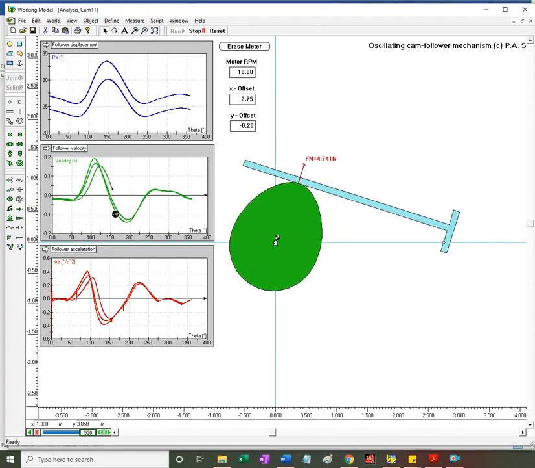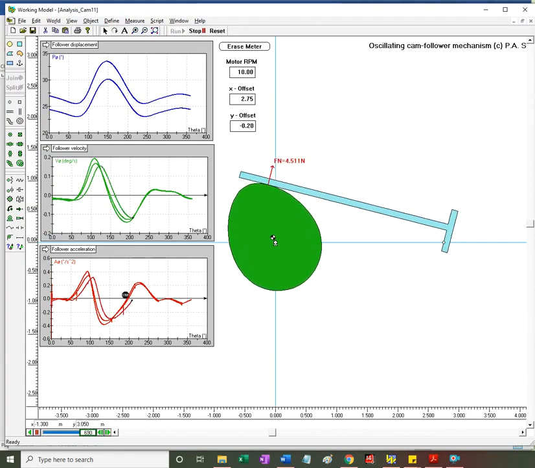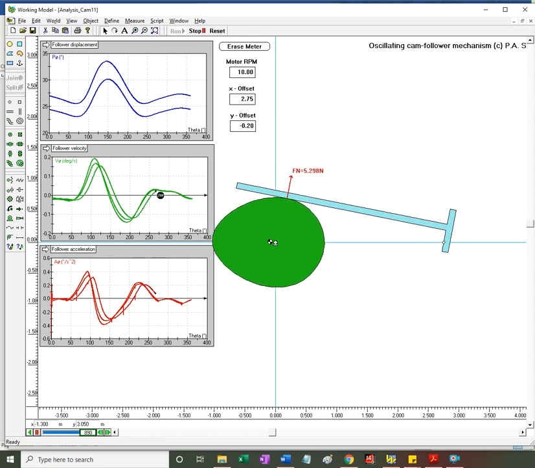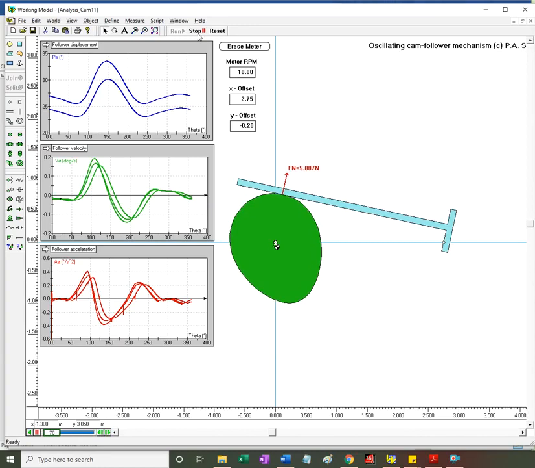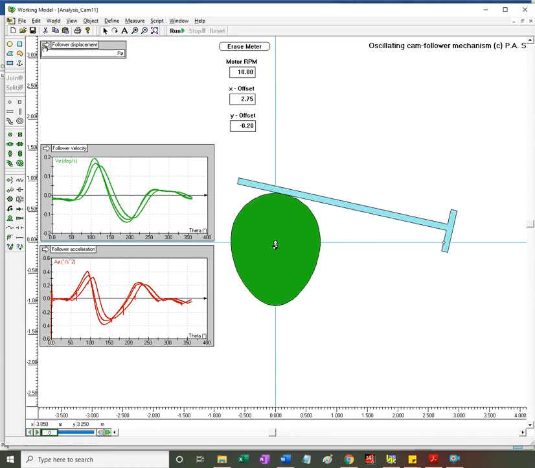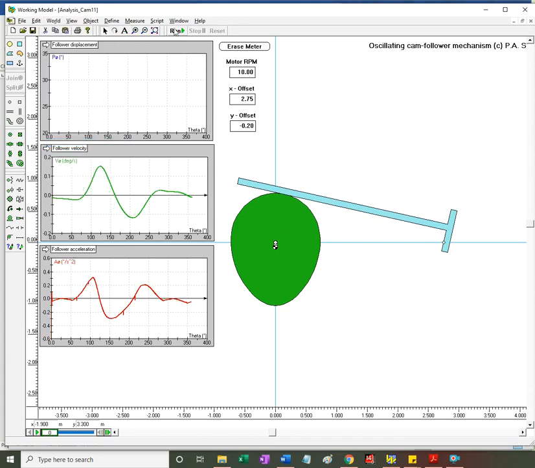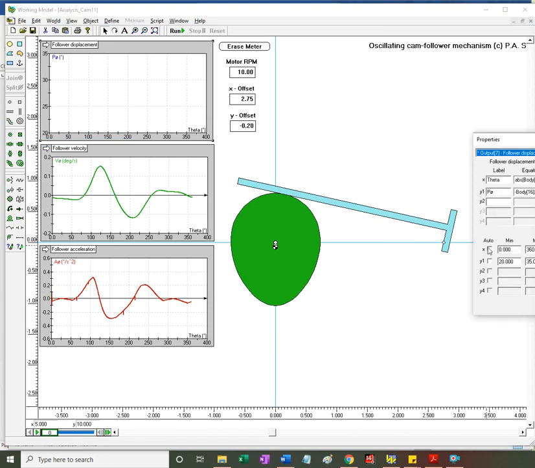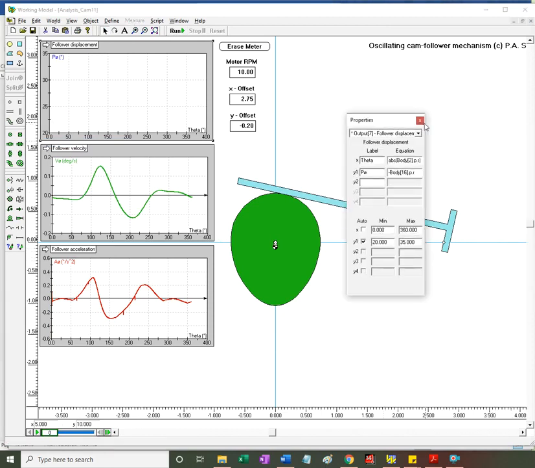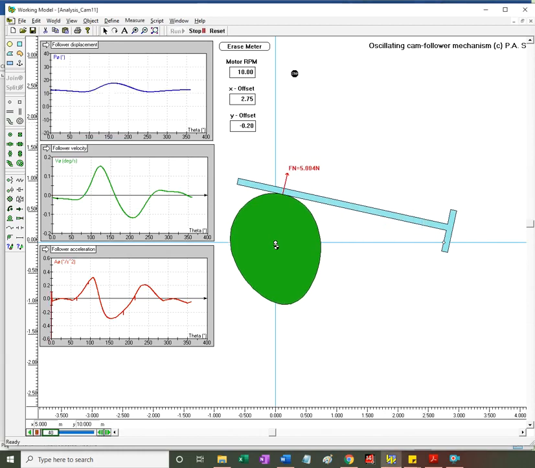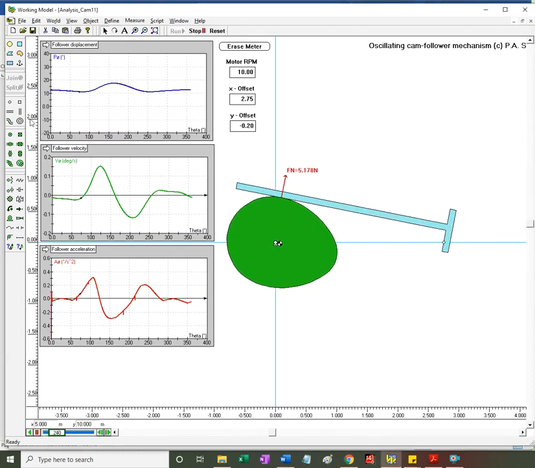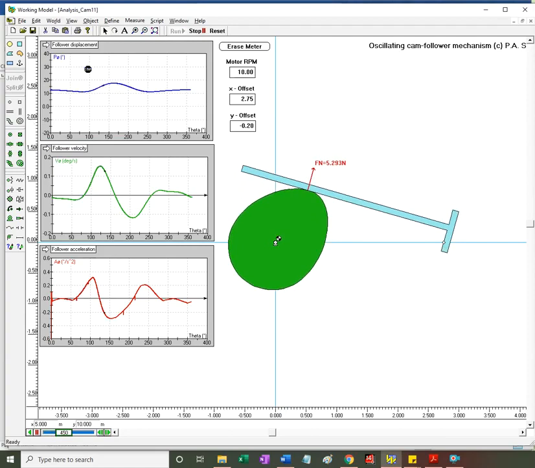So there are versions of the mechanism from previous simulations, and this is how the velocity and displacement look. Let's see, erase meter value, and it looks like I need to make it auto, and hit run, because it was outside the limits of the graph.